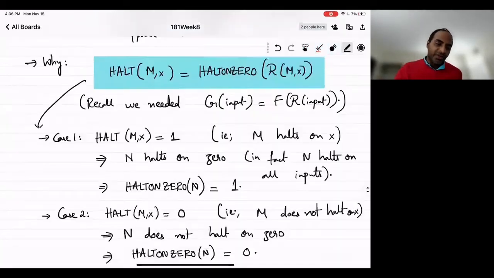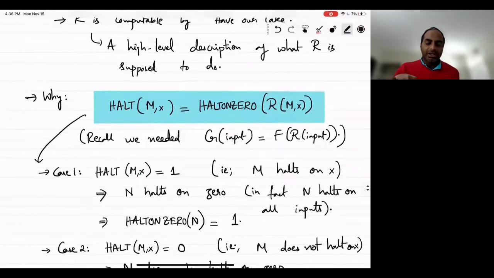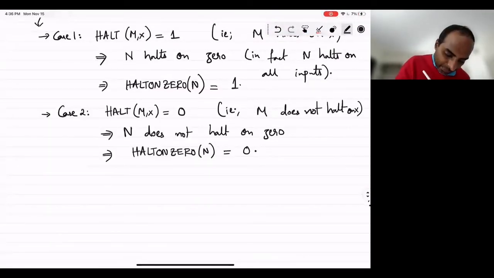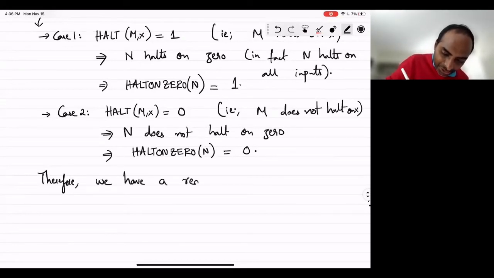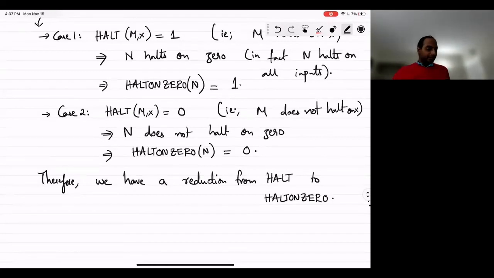So we just showed a reduction. We have all three ingredients, the what, how, and why, from halt to halt on 0. Therefore, we have a reduction from halt to halt on 0. And what does this imply for us?